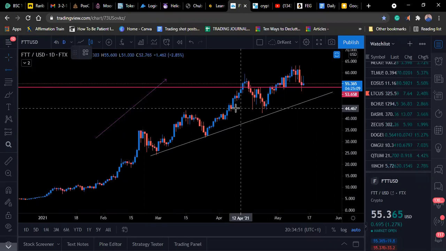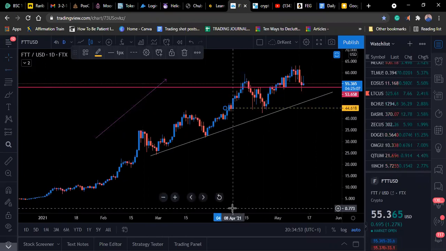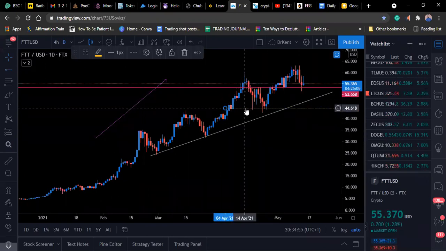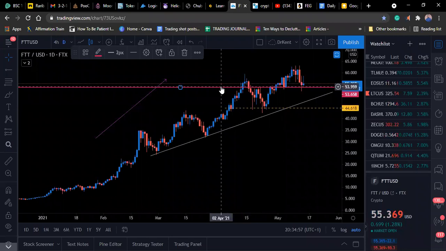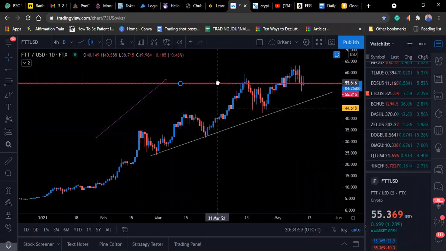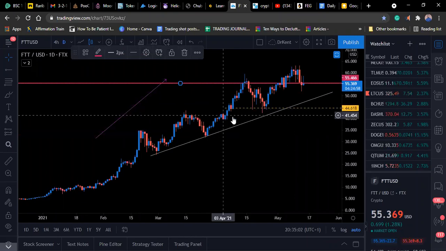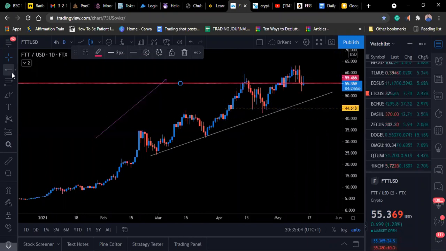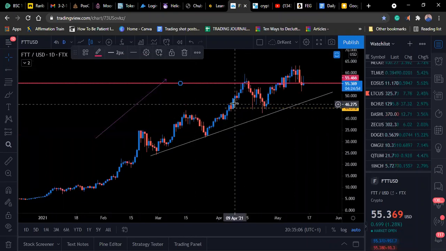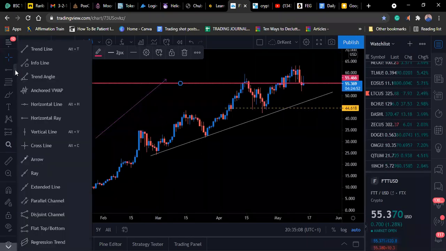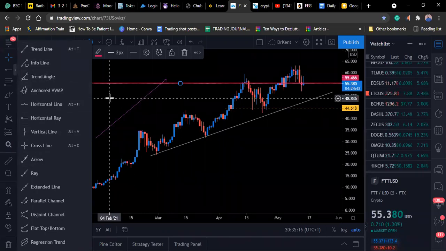This is the horizontal ray. It is shorter. The horizontal line is long. The ray is short. They are used for similar things. Then that's it for arrows and all, then trend line. So that's what you have there.